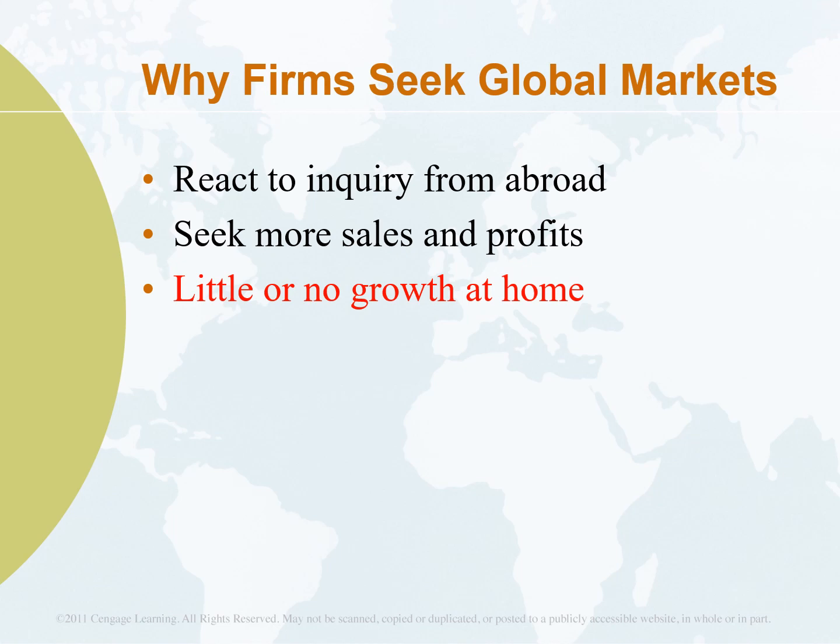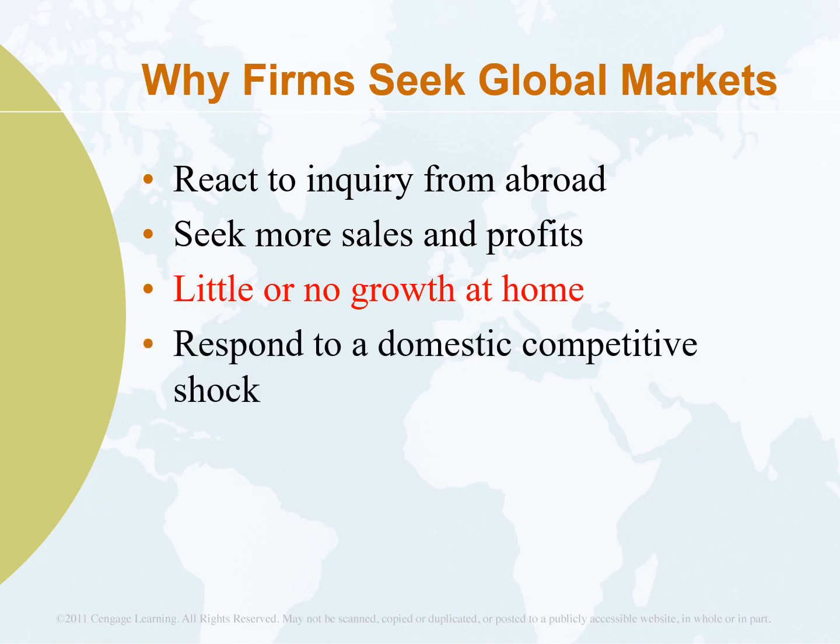They want more sales and profits. There's no growth at home, so they have to go abroad, whereas domestic competition is just too fierce. They want to expand to seek more opportunities, or they may want to follow their major customers abroad. That's why they want to go abroad.